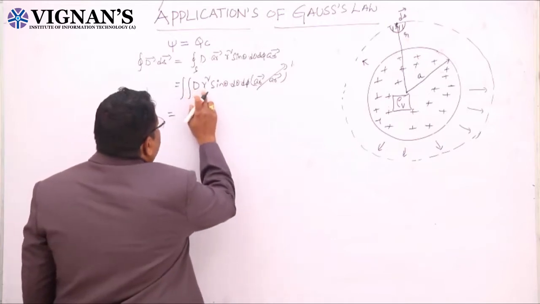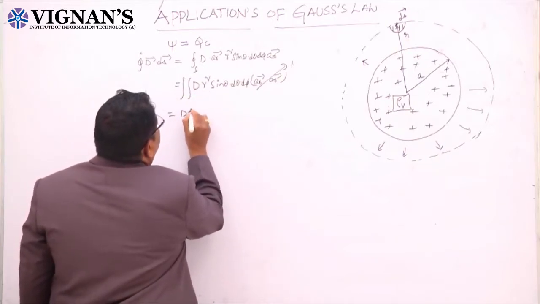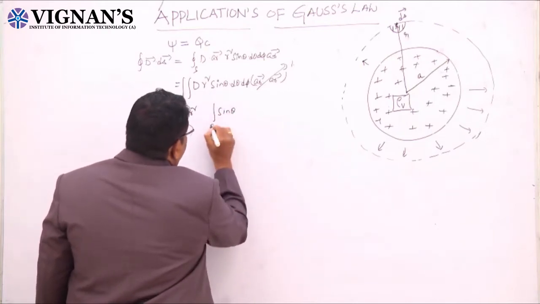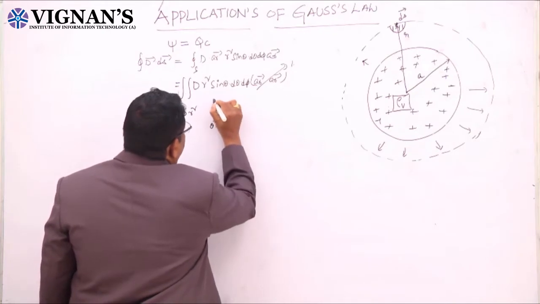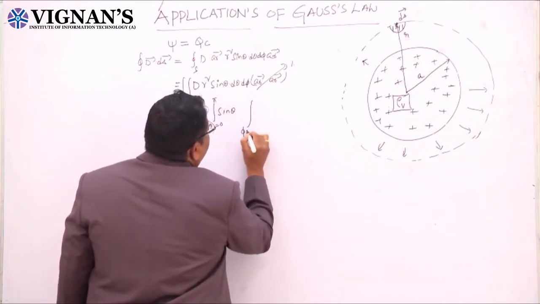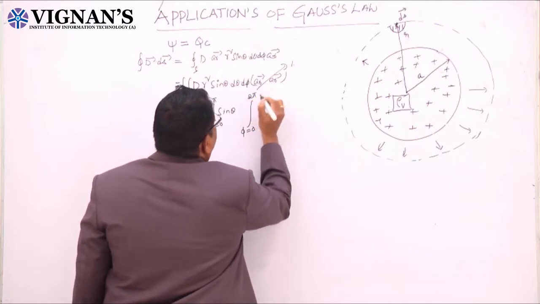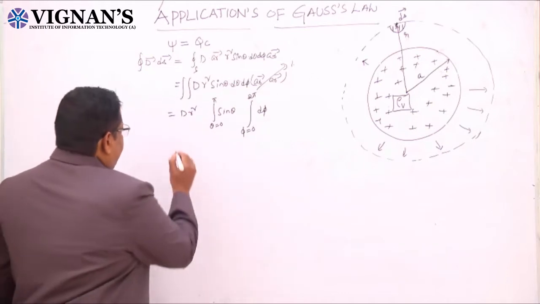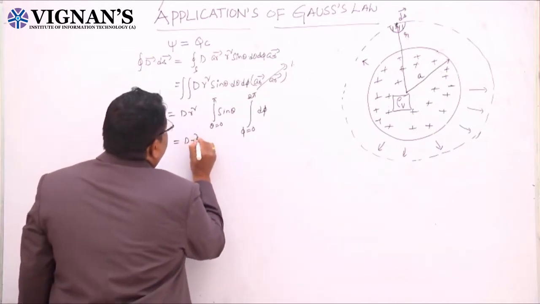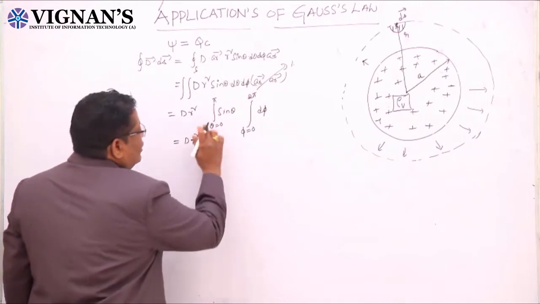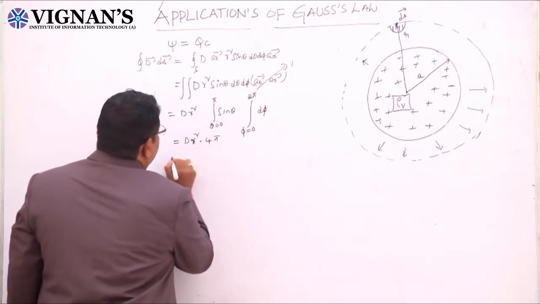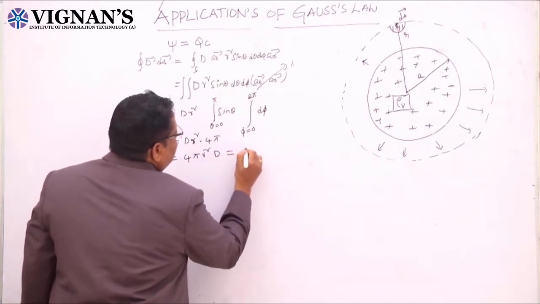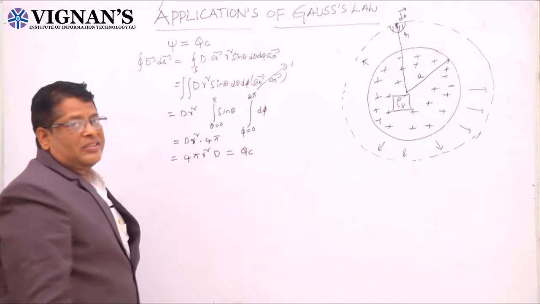Now D r square we take outside, integral of sin theta where theta varies from 0 to pi, and phi varies from 0 to 2 pi d phi. This value becomes 4 pi. So this is equal to 4 pi r square D, equal to the charge enclosed by the Gaussian surface.